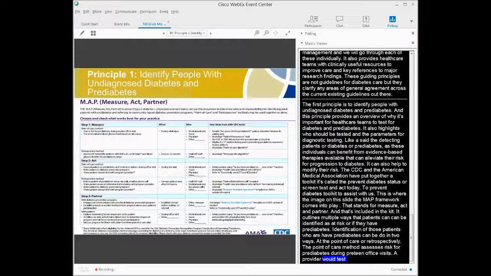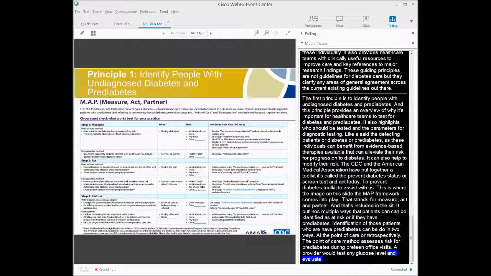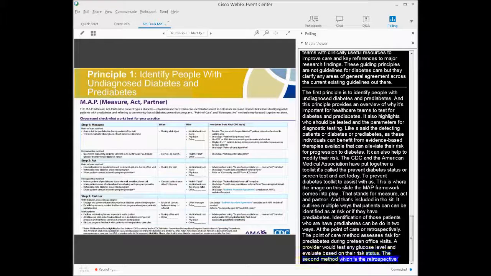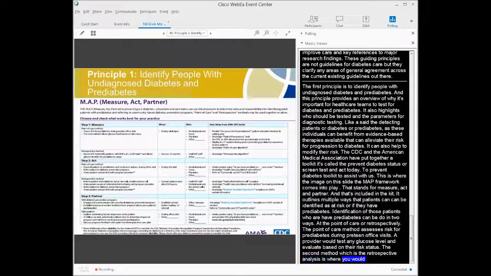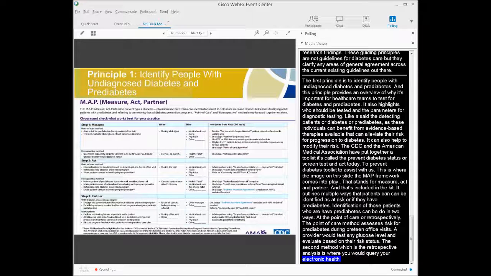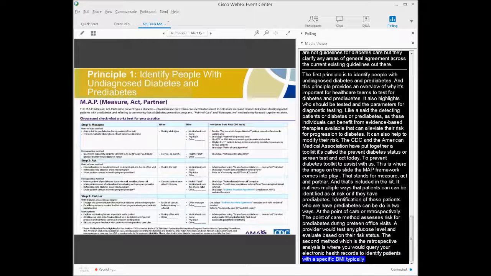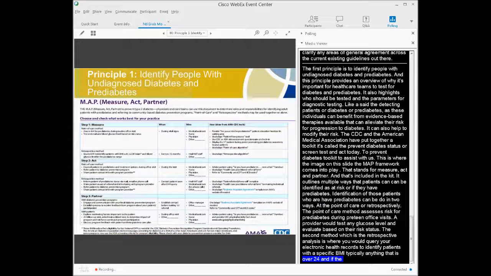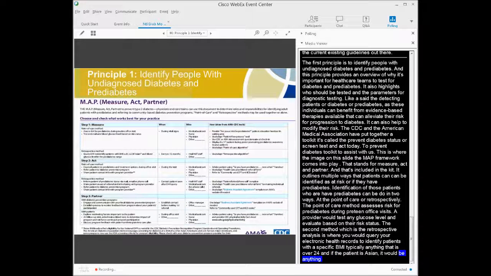And then the second method, which is the retrospective analysis, is where you would query your electronic health record to identify patients with a specific BMI, typically anything that's over 24. And if the patient is Asian, it would be anything over 22. And you'd also look at blood glucose levels that are in the prediabetes range, so anything that's classified between 5.7 and 6.4 for an A1C level.